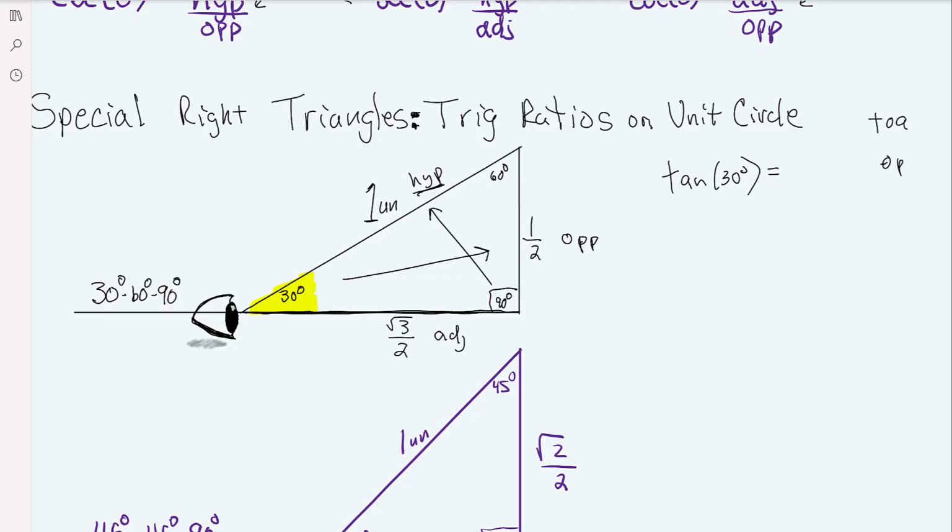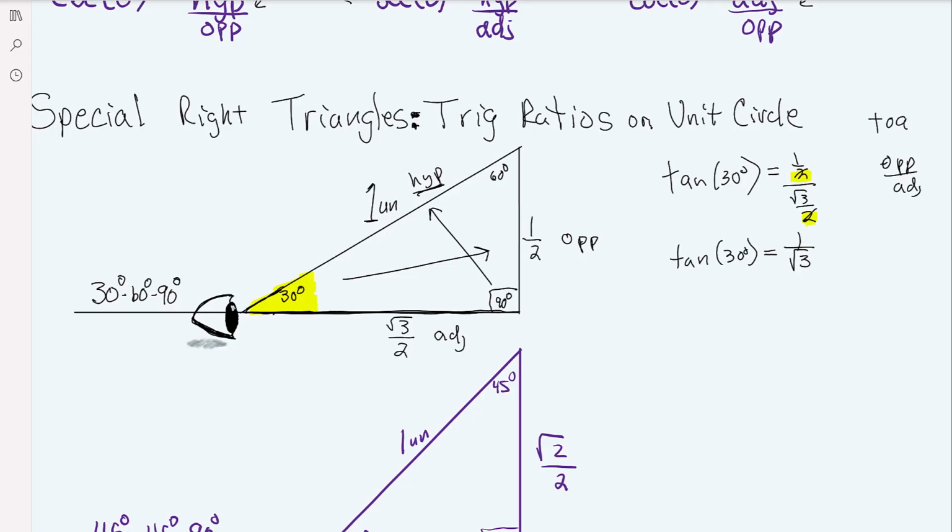From the viewpoint of this angle, the opposite side is 1/2. The adjacent side is √3/2. When you've got a fraction over a fraction and the denominators are the same, you can ignore them because when you multiply by the reciprocal, those are going to cancel. What that leaves is tangent of 30 degrees is 1 over root 3.